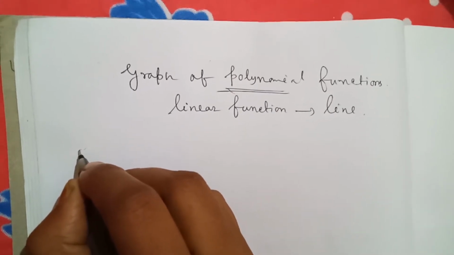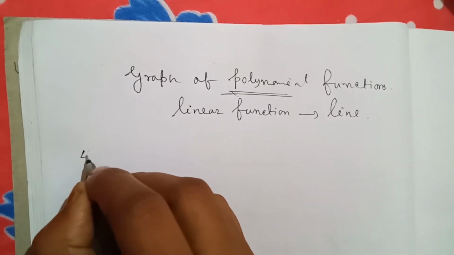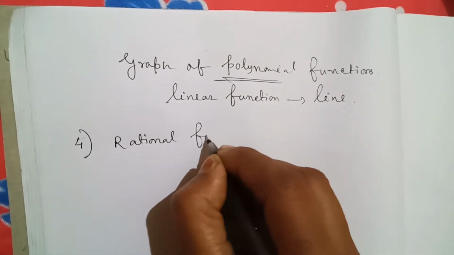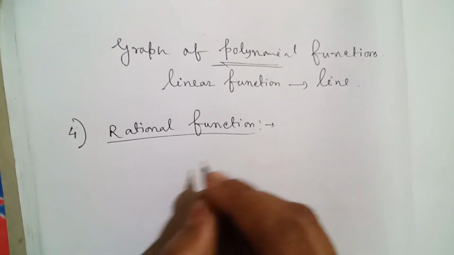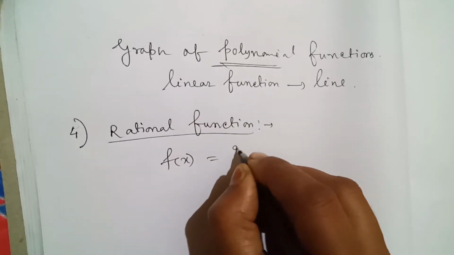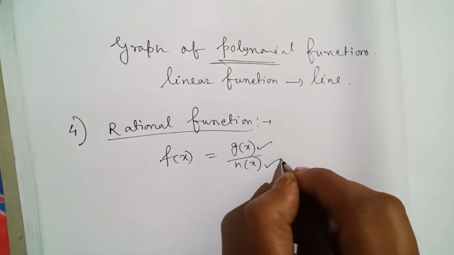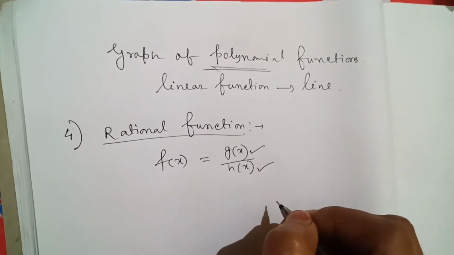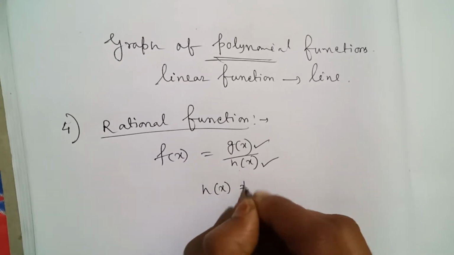the next standard function. So this is number 4 and this is the rational function, right? Rational function means functions of the type f of x equals g of x divided by h of x, where these both are polynomials in x defined in the same domain, and h of x not equal to 0.